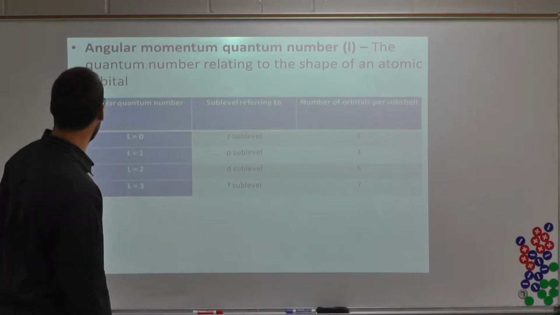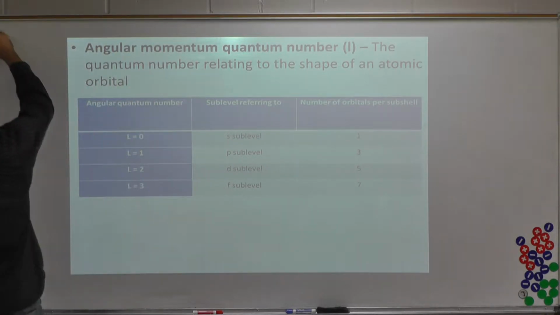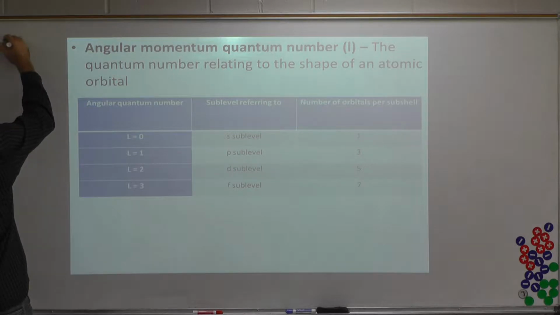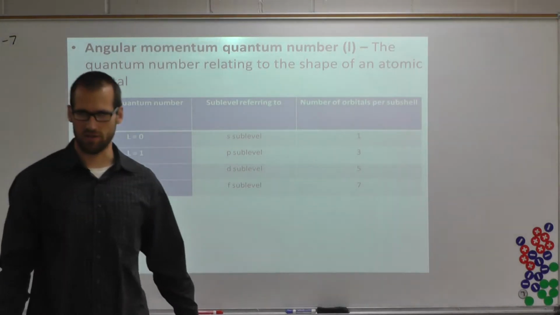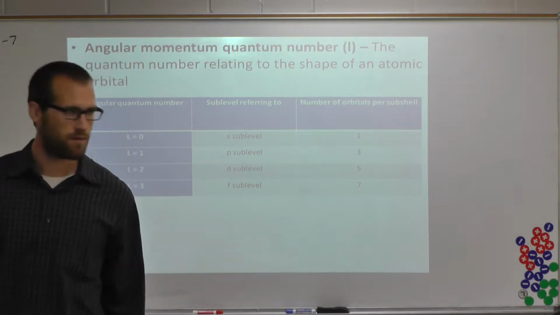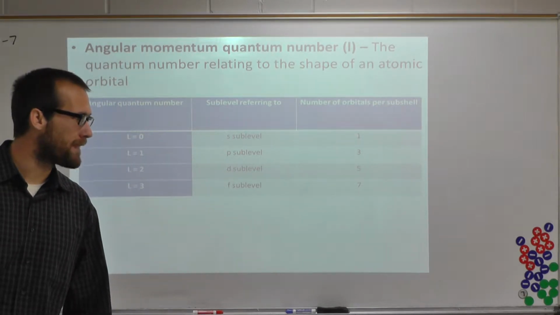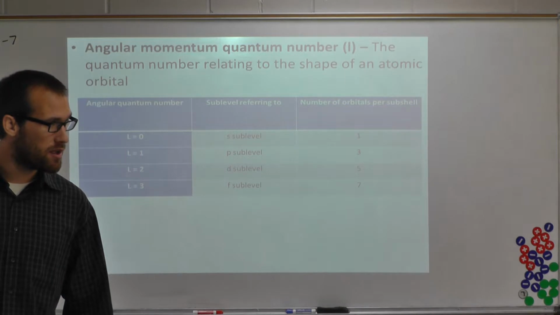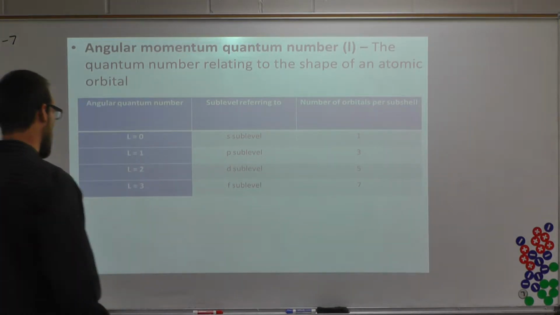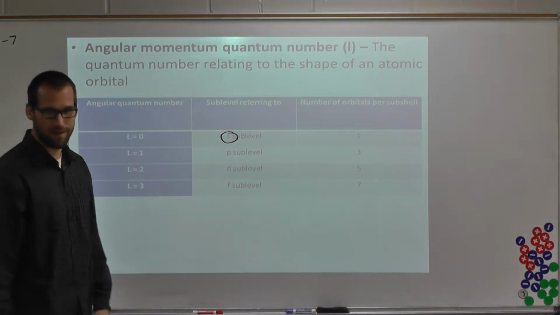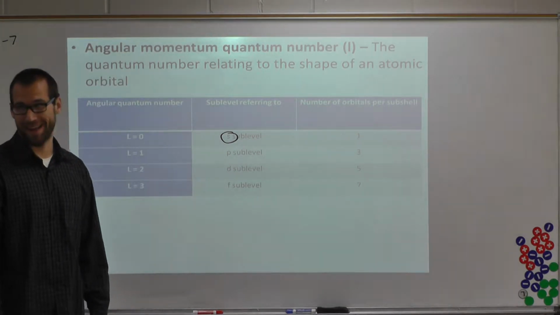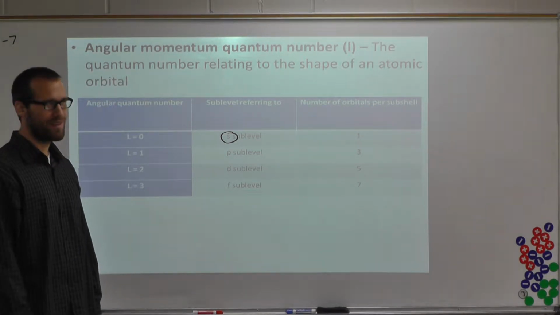If you remember, we have N of 1 through 7, and then we had sublevels. You remember the sublevels? There were 4 of them. What are they? S, P, D, and F. See, there are some things we have to remember. The S sublevel has how many orbitals? 1.